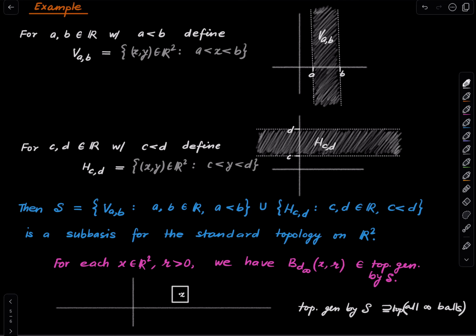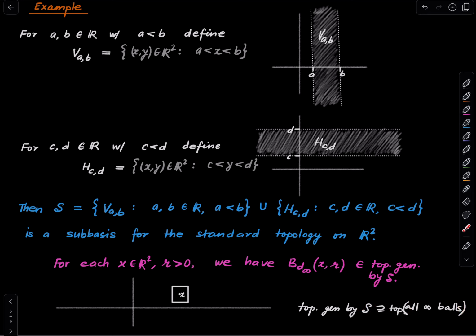Let me just be sloppy and write it that way. Right? If it contains a collection of sets, it also contains the topology generated by that collection, simply because the topology generated by any collection of sets is the intersection of all the topologies that contain it. This is one particular topology that contains that, so the topology generated by this collection is necessarily contained here.